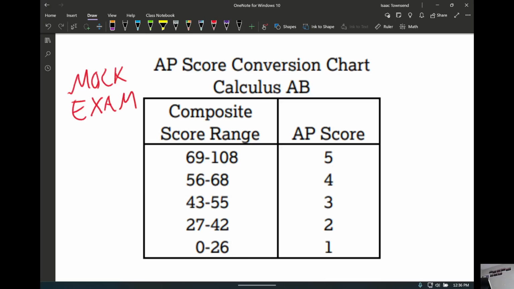And I'll go one step further, hopefully I won't scare you too much. But 2-3 years ago, the year that we were virtual and hybrid and all that kind of stuff, I had one student who took the mock exam, got a low 4, then didn't worry about calculus, worried about his other AP tests, and ended up with a 2 on the real one. Oh my god. You can't blow it off.